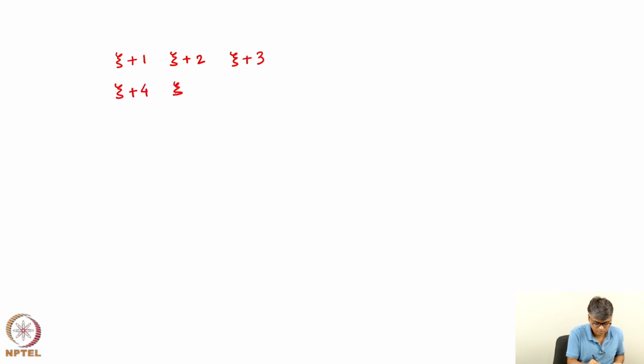We are going to look at a 3 by 3 polynomial matrix, and I'm going to keep it very simple: xi plus 1, xi plus 2, xi plus 3; xi plus 4, xi plus 5, xi plus 6; xi plus 7, xi plus 8, xi plus 9.